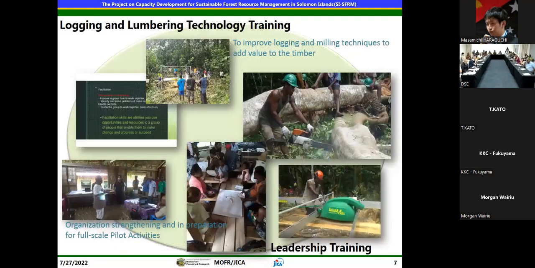Now, logging and lumber technology training. So, to improve logging and milling techniques to add value to the timber, everything has to be done correctly. It starts from felling.